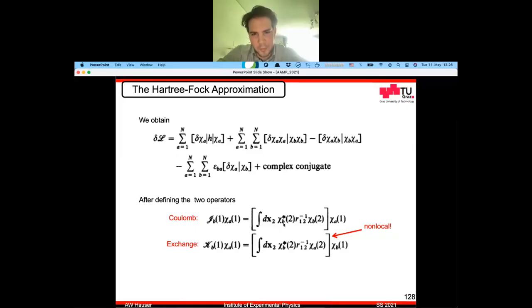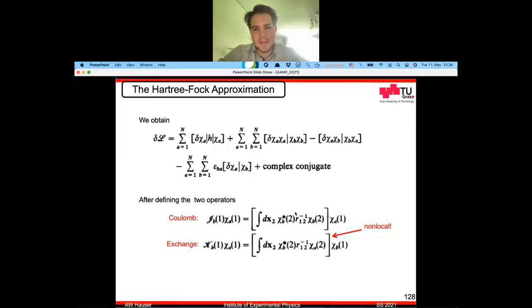From the left, we are coming with the orbital B, then 1 over r12, and same orbital B again. So this is simply what remains basically after this variation or this taking of the derivative, what remains of our Coulomb energy expression.